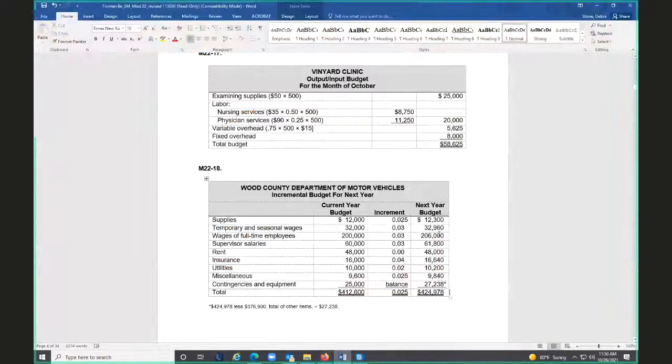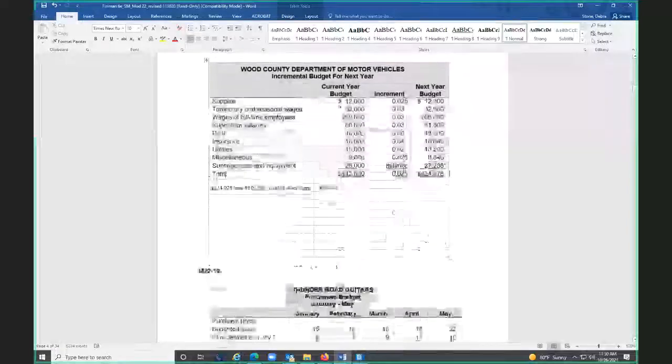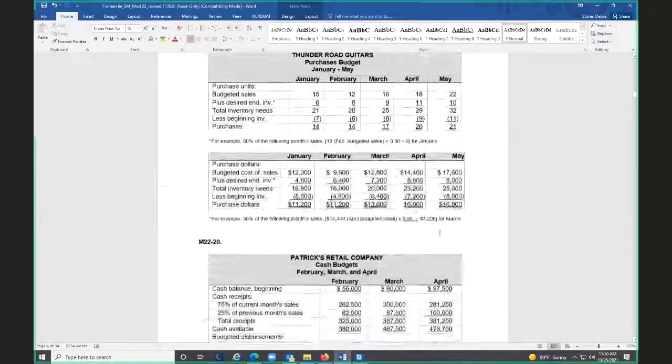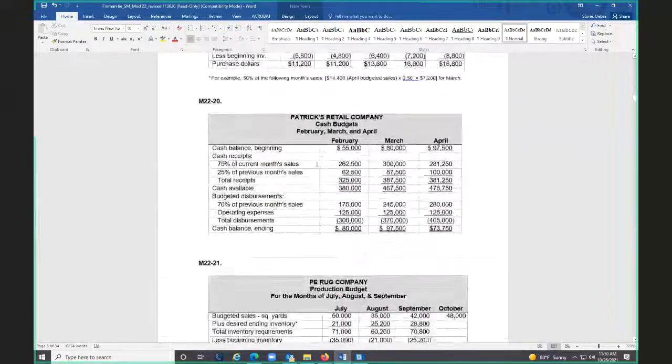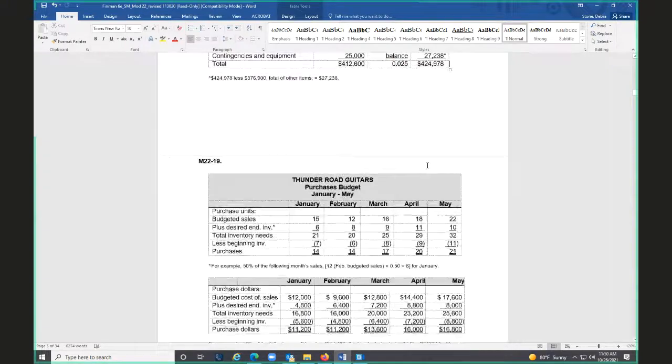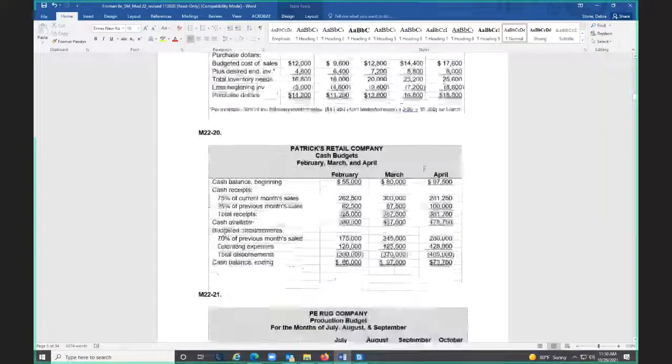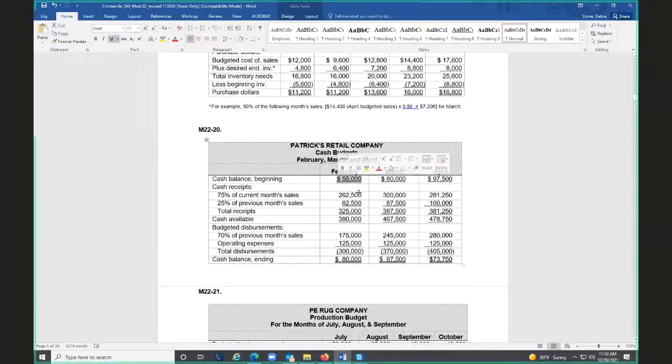So with that in mind, here's what this would look like. We would have the cash beginning balances, and each month, you notice, if we have the 55,000 here, we have 80,000 here, that 80,000 is going here, and then we have 97.5, and that 97.5 is going there.